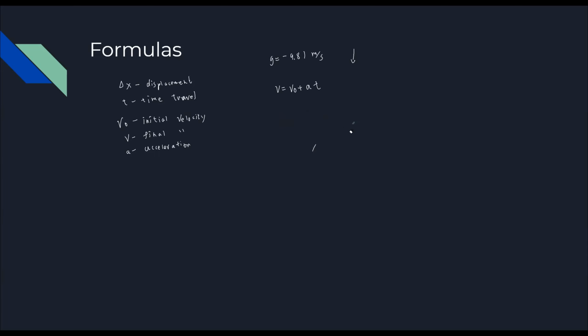Now once we're done talking about this, I'm going to talk about the second equation, which is going to be if a question is missing acceleration, then we can look at this. Change in x, or delta x, which is displacement, is equal to final velocity plus initial velocity divided by 2 times t. So the question could be asking you, well, what's the displacement between 2 points, say point A and B?